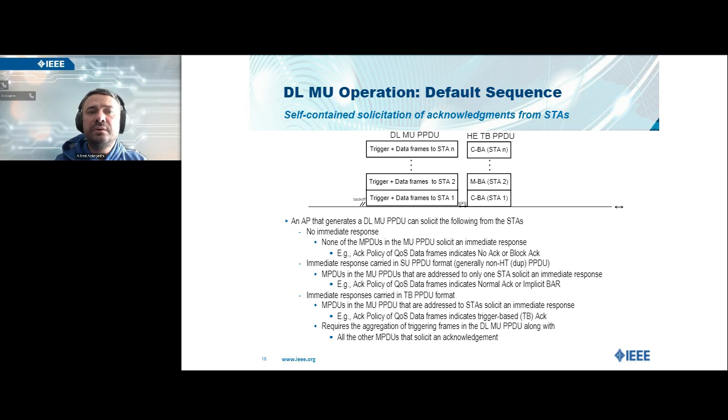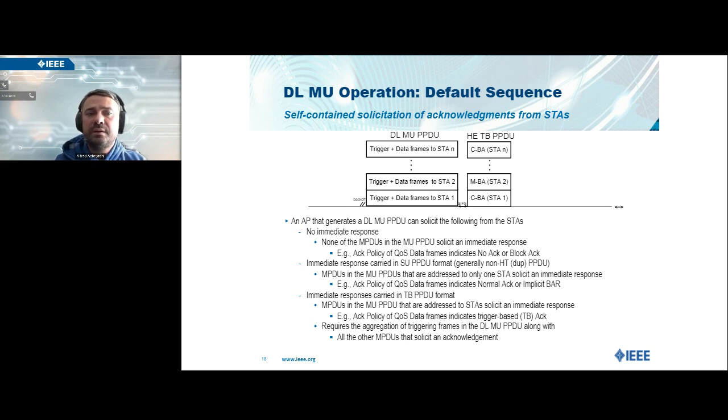This self-containment is provided in the downlink MU PPDU itself by aggregating trigger frames along with the data frames to each of the stations. So the access point sends data frames that need an acknowledgement and includes one or more trigger frames to tell the station where to generate that acknowledgement. And this is essentially the default sequence.